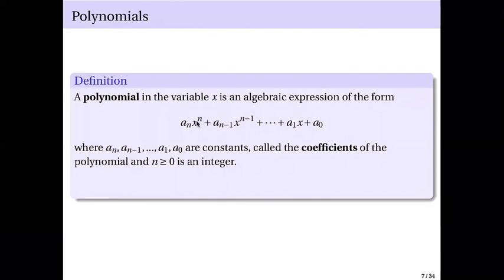So the highest exponent that you see must be an integer which is greater than or equal to 0. In fact, the exponents that you should see for the variable x must be integers that are greater than or equal to 0 only. You should not see exponents for the variable which are negative or which are not integers. Okay? So this is a polynomial.